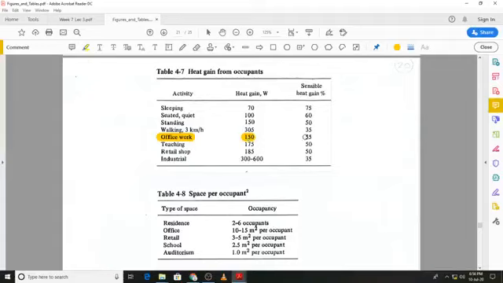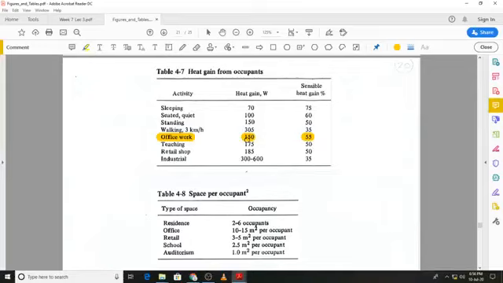So we are told that 55% of this value is sensible heat gain per person. So the sensible heat gain will be 150 into 0.55 watts, and similarly the latent heat gain will be the remaining fraction, that is 0.45 or 45%.